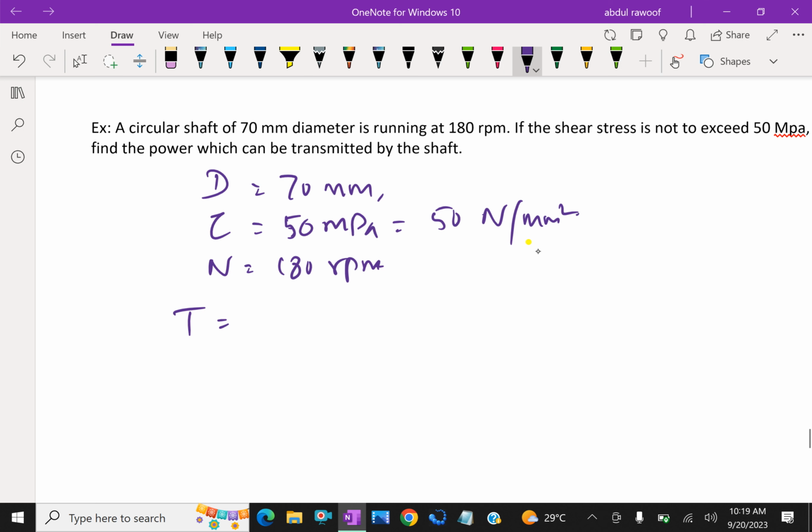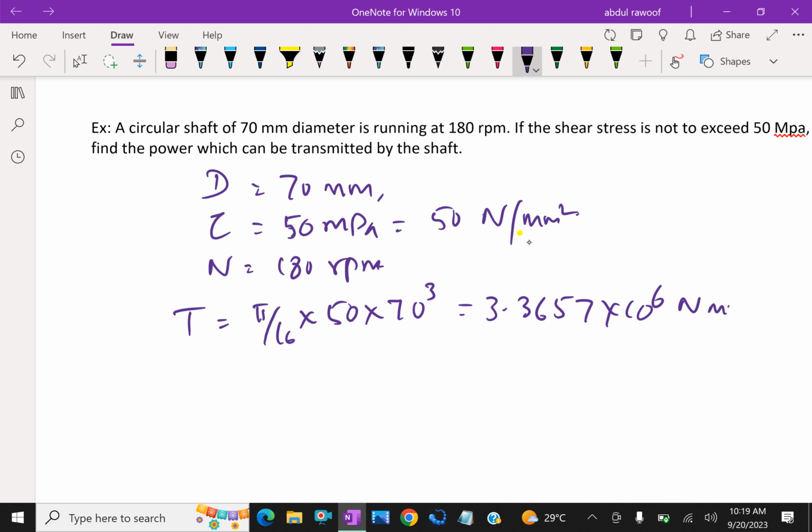First we find the torque transmitted by the shaft, equal to pi by 16 into tau, that is 50, and D cube, that is 70 cube, which equals 3.3657 into 10 power 6 Newton mm. 10 power 6 is for 10 power 3 is kilonewton, another 3 is for meter.